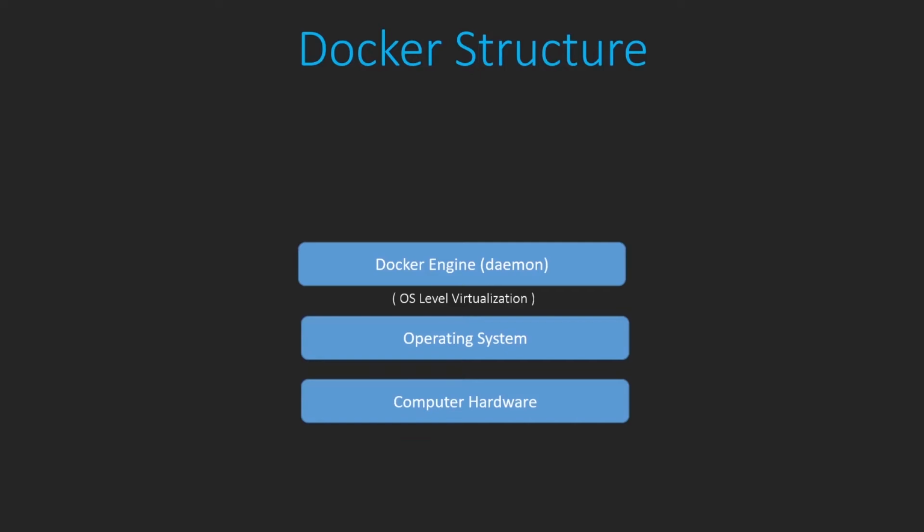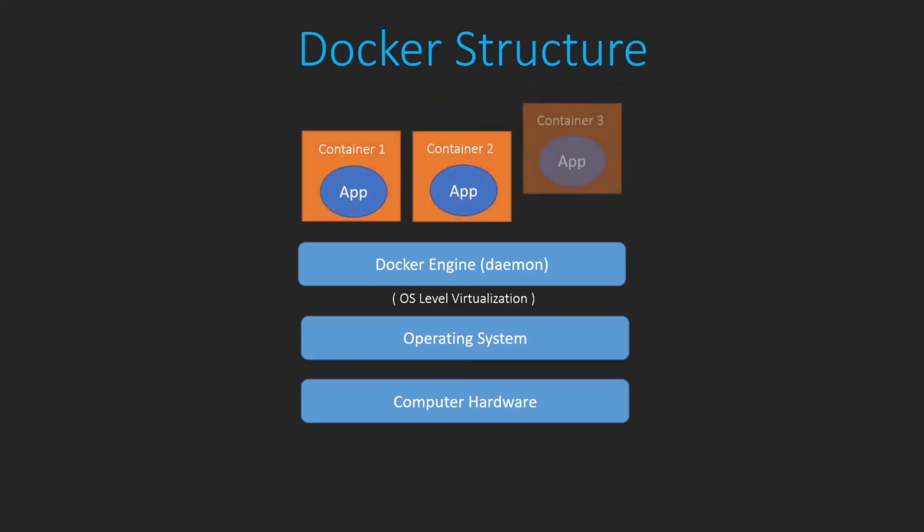On top of the Docker daemon, the containers are running. Like we saw in the previous video, containers have the application and dependencies and configuration, everything. All these containers running on Docker are isolated from each other and also isolated from the host operating system.